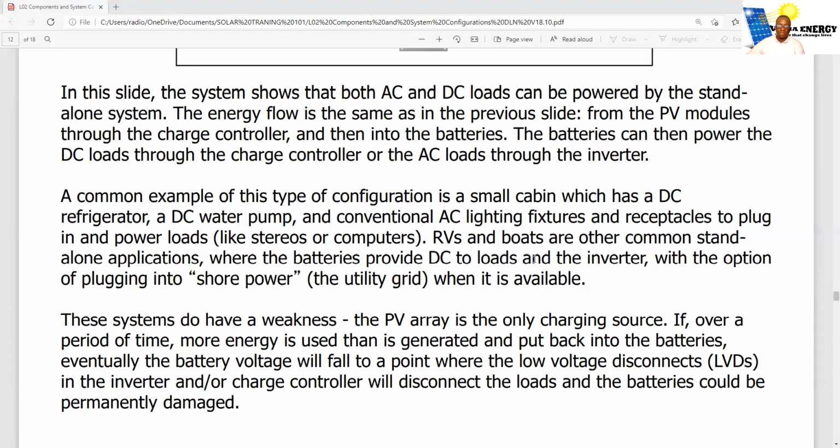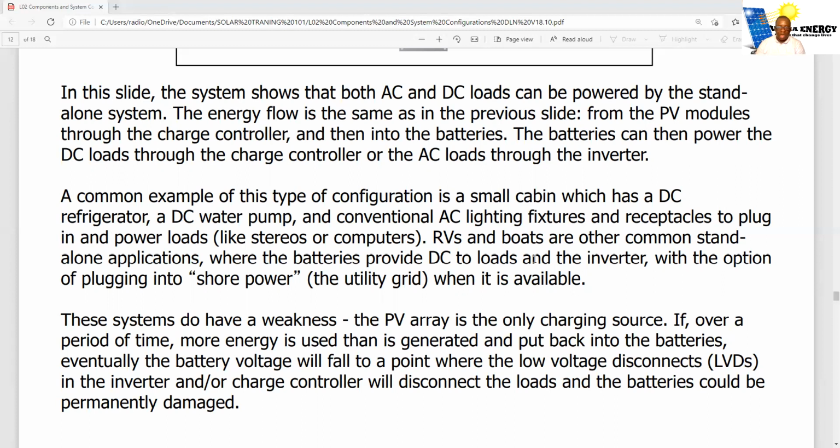The battery can then power the DC load through the charge controller or the AC load through the inverter. A common example of this type of configuration is a small cabin which has a DC refrigerator, a DC water pump, and conventional AC lighting fixtures and receptacles to plug in and power loads like stereos or computers.